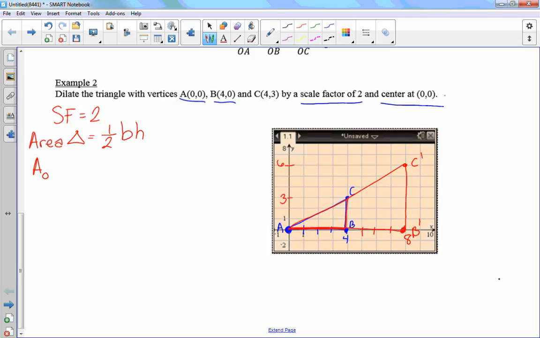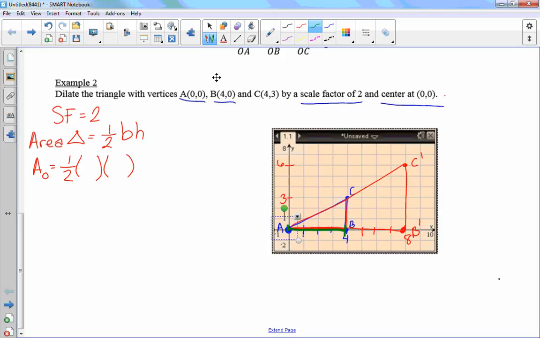That little O is to remind you that's the original. So 1/2, we need the base and the height. Fingers in the air, what's the length of the base of the original triangle? Remember how long is that from A to B? 4.